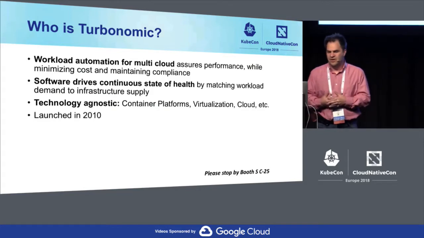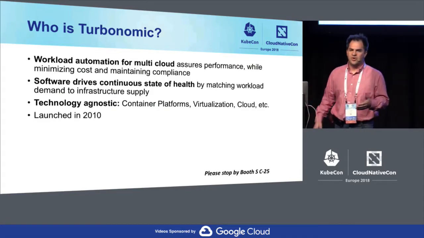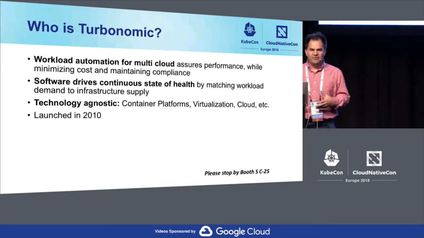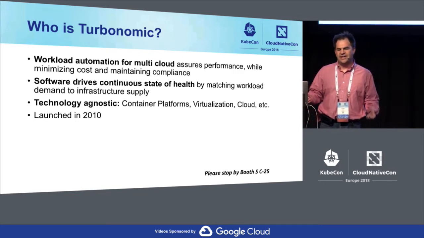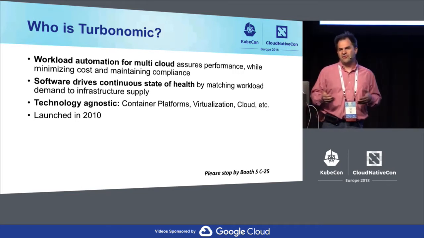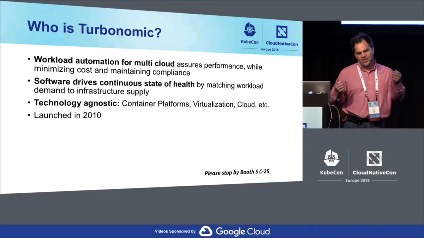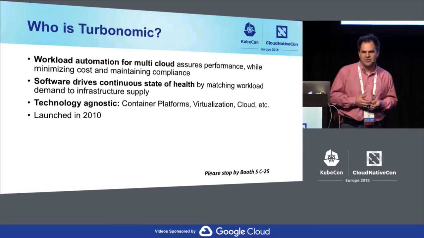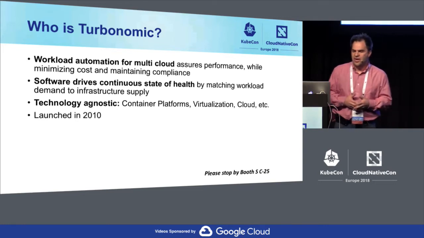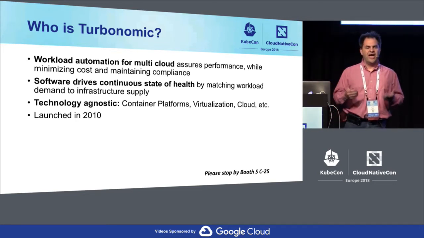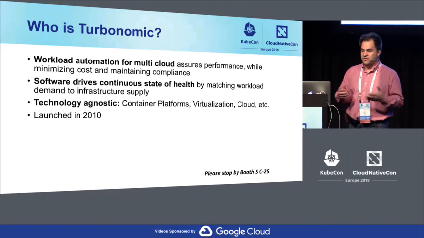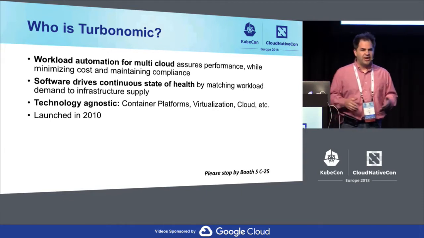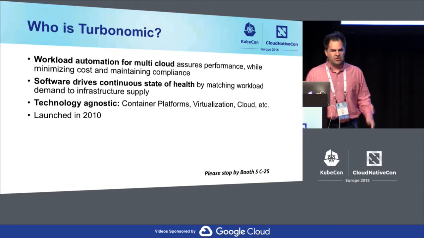The goal of our software from day one was to assure the performance of the applications, providing workload automation by understanding how to keep the whole stack healthy, how it performs, how it consumes resources, how those resources are available from a multi-cloud infrastructure, and how we drive orchestration to continuously scale and allocate resources to meet this demand, both in a Kubernetes cluster, but across the full stack, both in terms of virtualization, public cloud, as well as the underlying fabric, wherever it runs.